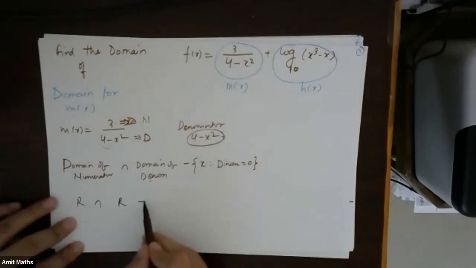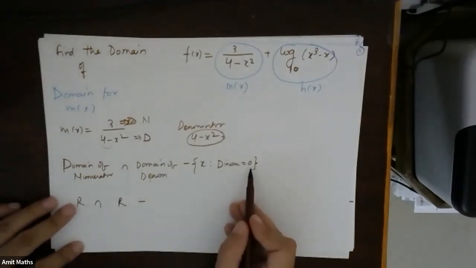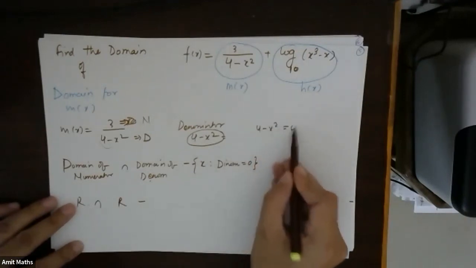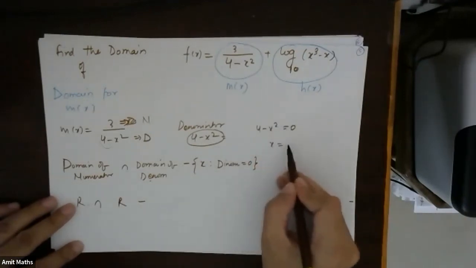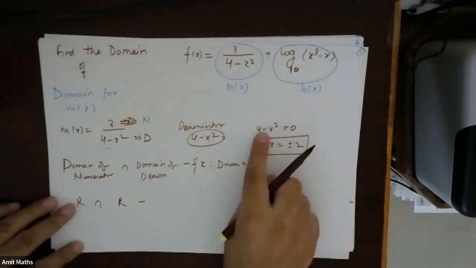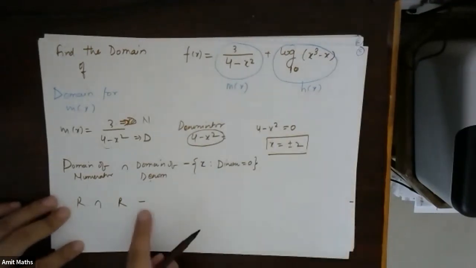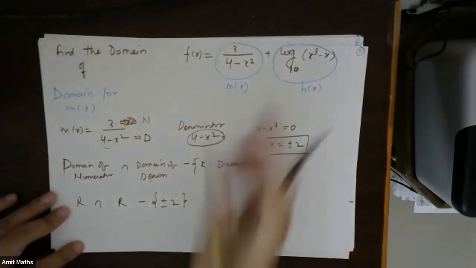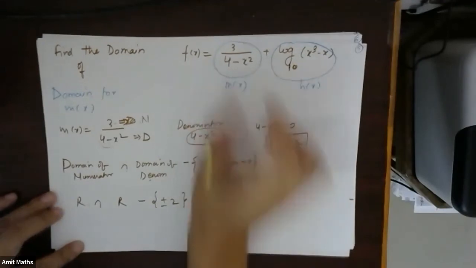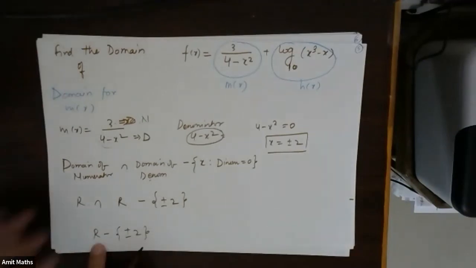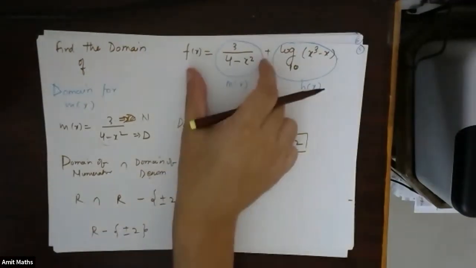So we have to remove the values where the denominator is equal to 0. Whenever 4 minus x square is equal to 0, x is equal to plus minus 2. So I will remove plus minus 2. For this part, the domain becomes real numbers minus plus minus 2. I hope for this one it is okay.